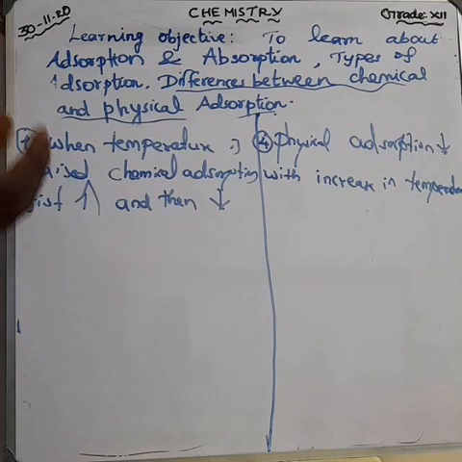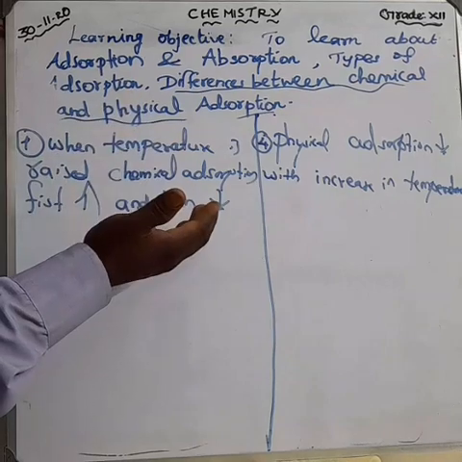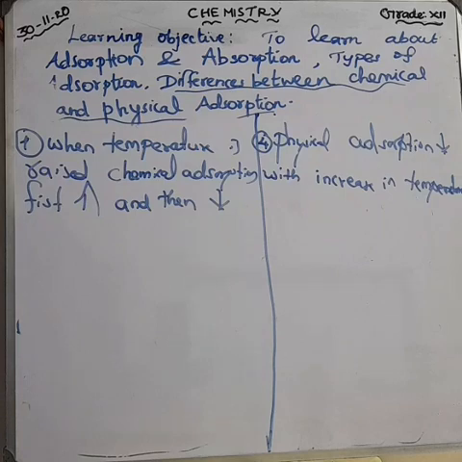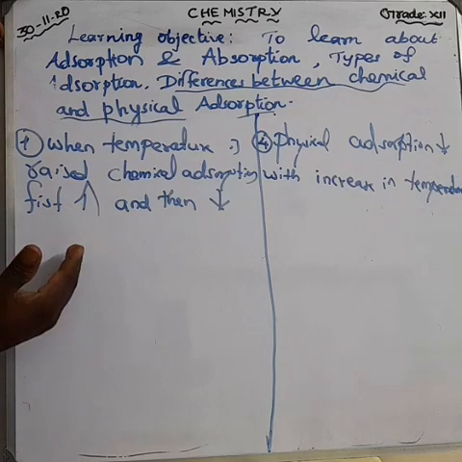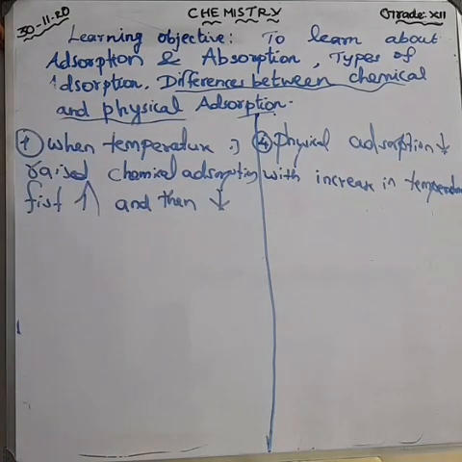In chemical adsorption, there is a transfer of electrons between adsorbent and adsorbate. What is the fifth point? Transfer of electrons between adsorbent and adsorbate.